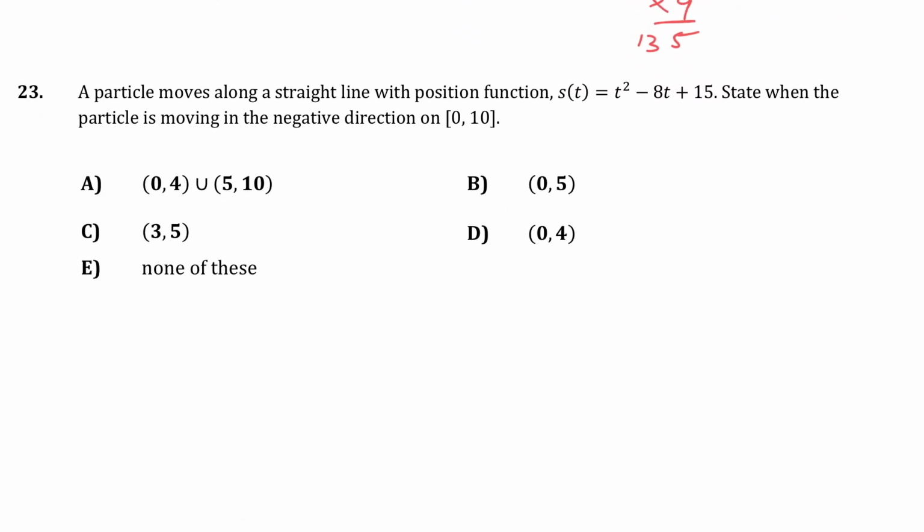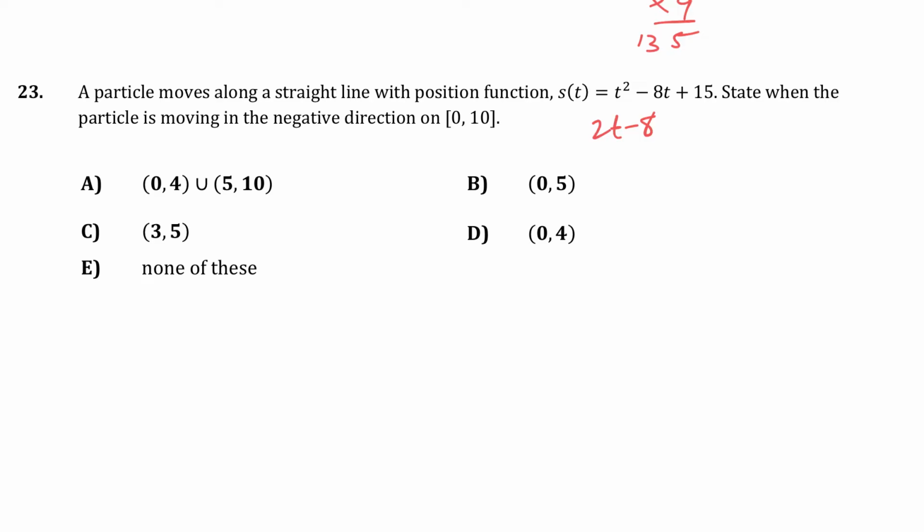Number 23, a particle moves along a straight line with position function this. State when the particle is moving in a negative direction on the closed interval from 0 to 10. So it's moving in a negative direction when velocity is negative. So velocity is the derivative of that, which is 2t minus 8. So when is this going to be negative?